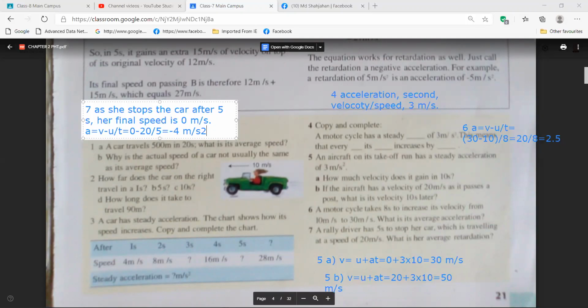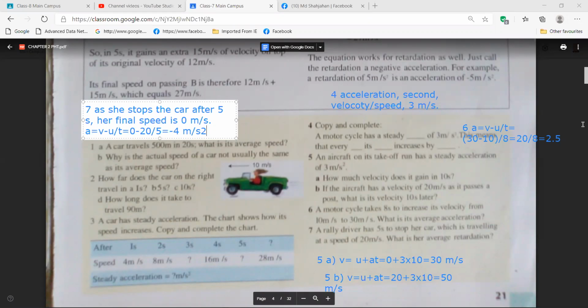So we are done with all the questions of page number 21, right? Are you writing the notes? Question number 7, write quickly. Question 6 also write.